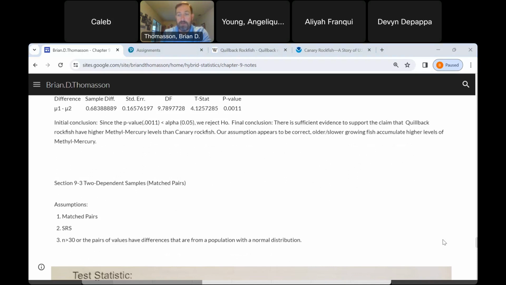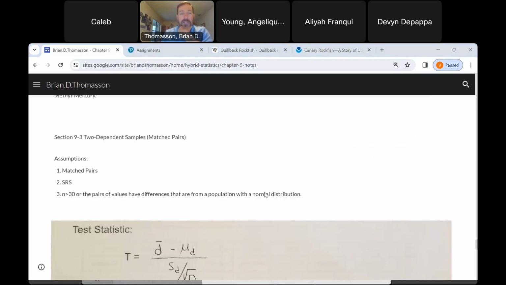So now we have our last section for chapter 9, and this is two dependent samples, and we have matched pairs. Let's talk about the difference between section 9.2 we just finished and this 9.3 where it's dependent samples.